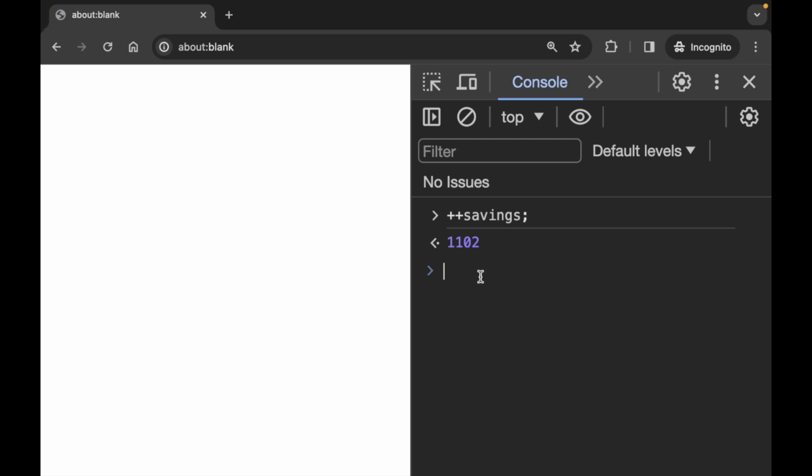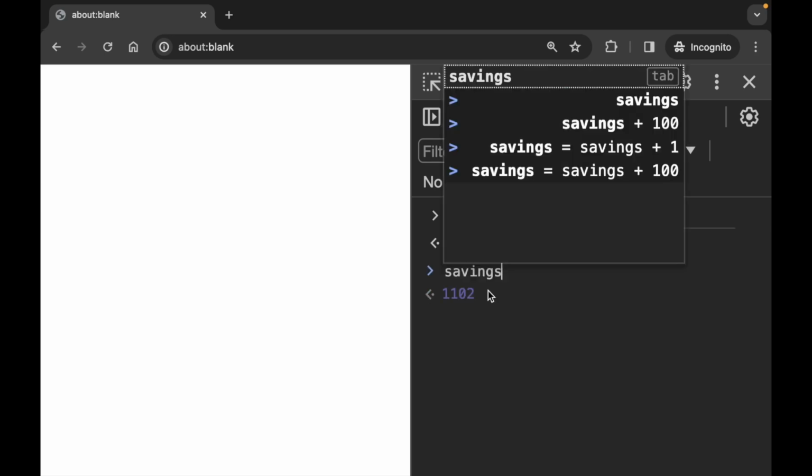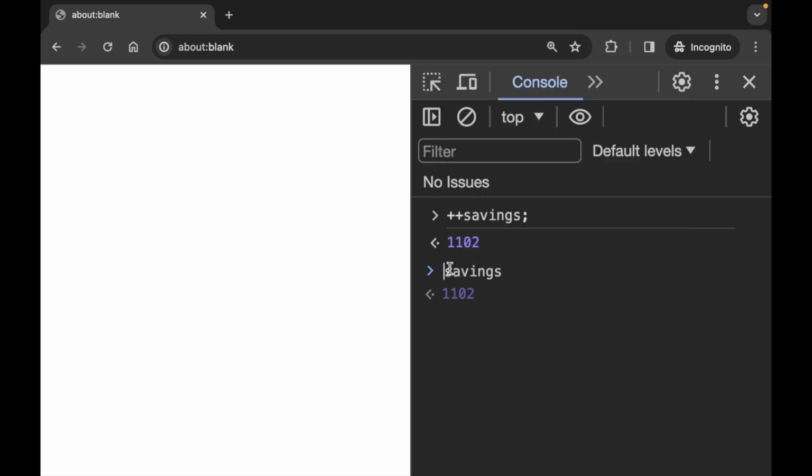Now if I do this again and you look, savings actually has 1,102, which is this incrementation. Now we can do a decrement, which is minus minus. And notice it is a decrement of 1. So this is nice. In this example, we've placed the increment and the decrement operators before our variable.